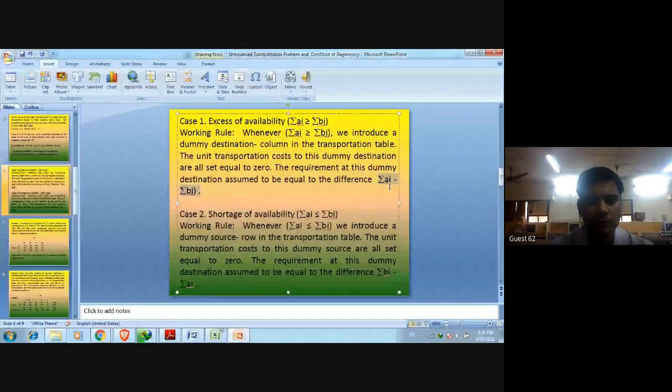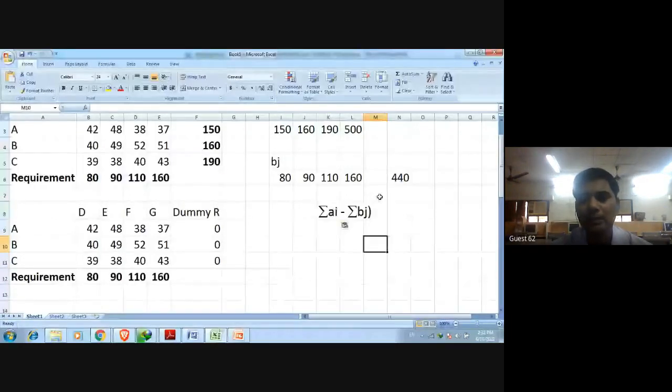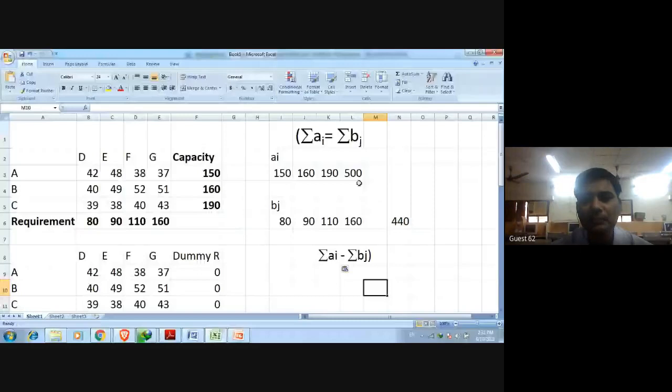We have to add this unit. So how can we find this? Summation of AI is 500 and summation of BJ is 440.